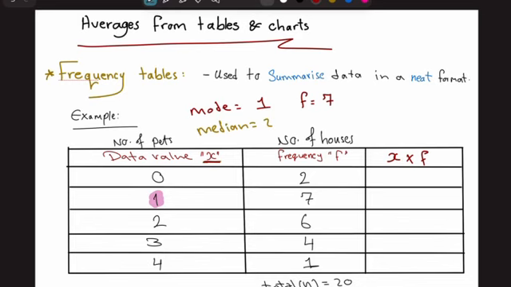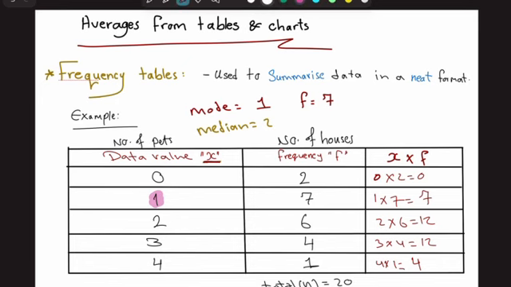0 times 2 guys, 0. 1 times 7 guys, very good, 7. And 2 times 6 guys, very good, 12. And 3 times 4 guys, very good, also 12. And 4 times 1 guys, which is gonna be here in this case 4. So what do we do to these new values we got here?